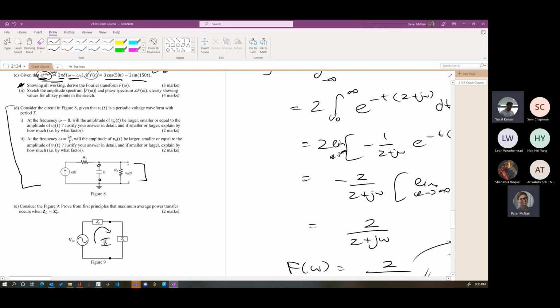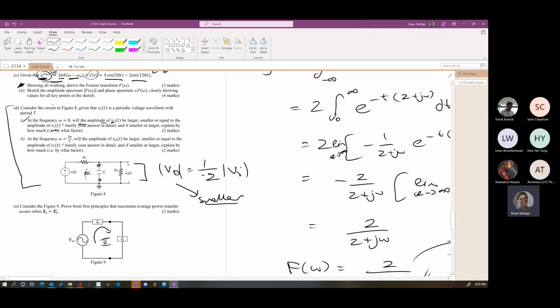So it's asking will the amplitude of V naught be larger, smaller, or equal to the amplitude of VI? If we have a voltage divider, that means the modulus of V will be smaller. It's sort of like 1 on something. It might be a half the modulus of VI, so it's smaller. And then next part, the capacitor would be functioning, so we can form an expression. Exactly right.